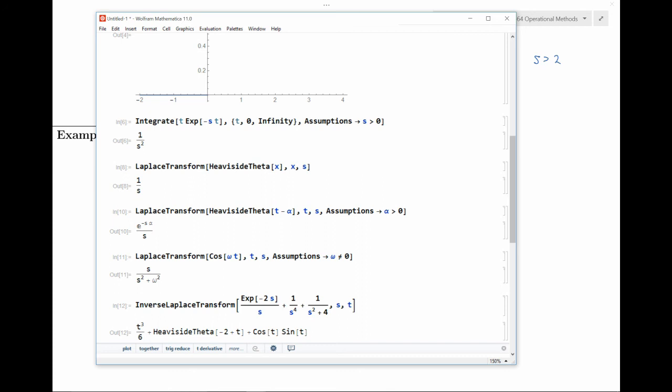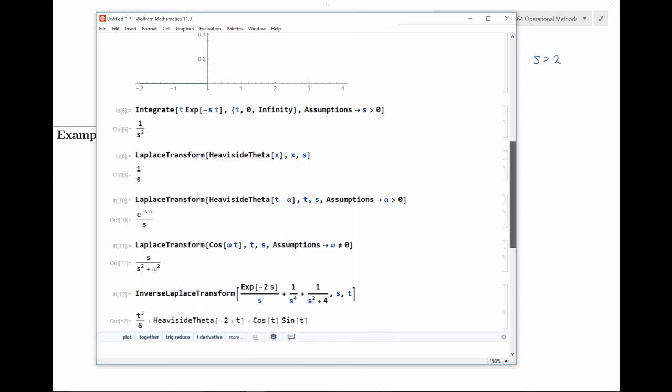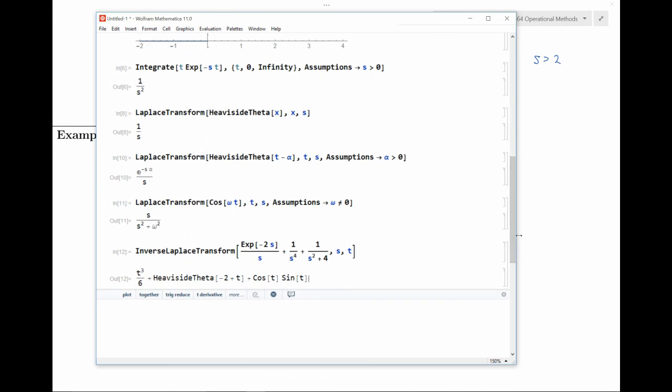Well, you might say, no, it's not exactly the same. We have a cosine t times sine t. Well, cosine t times sine t is exactly 1/2 of sine of 2t. So in this case, Mathematica just did something different than what we did, but arrived at the same conclusion. Sometimes this might be an inconvenience.